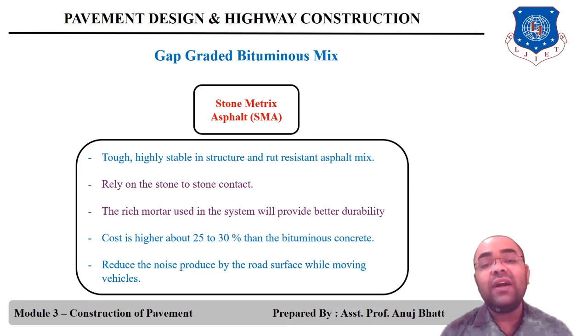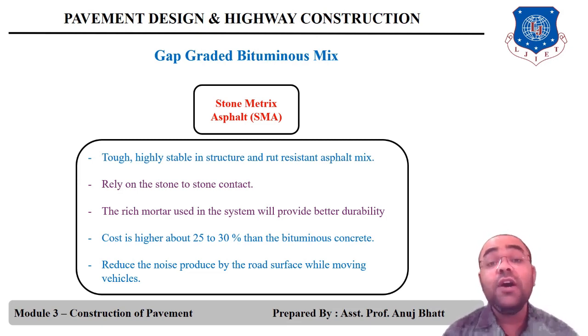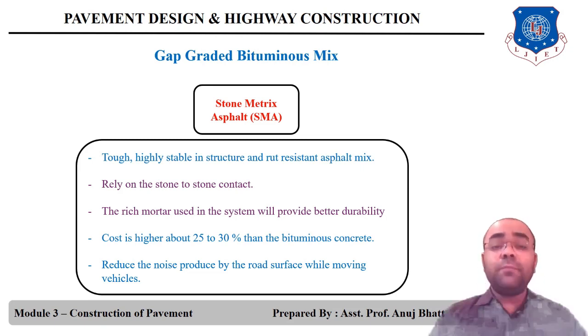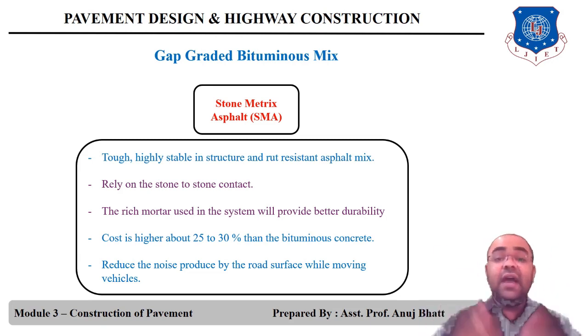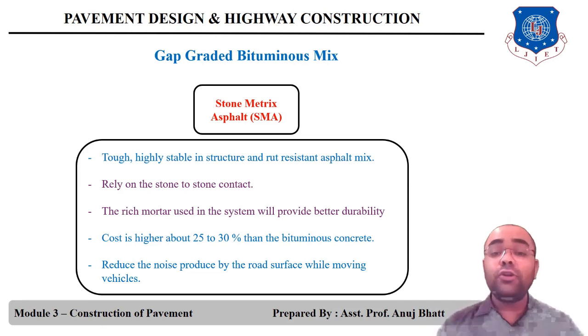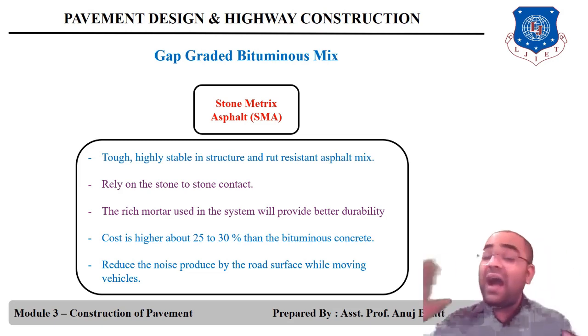If we talk about the advantages of that particular mix, it gives surface frictional resistance. It also reduces the noise produced from the contact between road and vehicle while vehicles are moving. The stone matrix asphalt constructed in India has performed very well compared to bituminous concrete. Compared to bituminous concrete, the cost of stone matrix asphalt has been found to be 25 to 30% higher.